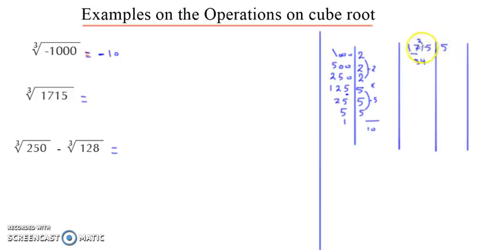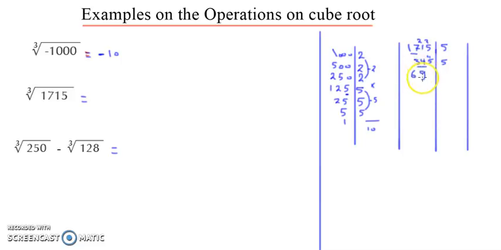So 21 minus 20 is 1, and then 15 divided by 5 is 3. Now let's try dividing by 5 again.